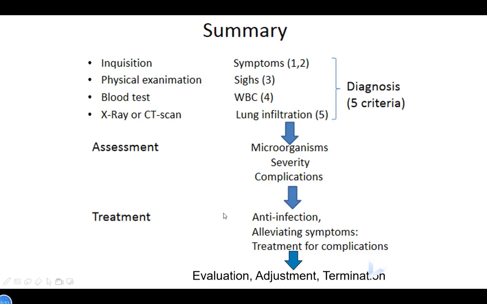And next step, we can start our initial treatment for this patient, including the treatment for the cause, that is the anti-infective therapy, treatment for the symptoms, and finally treatment for the comorbidities. After 2 or 3 days of the initial treatment, we need to do an adjustment and evaluation for the initial therapy.